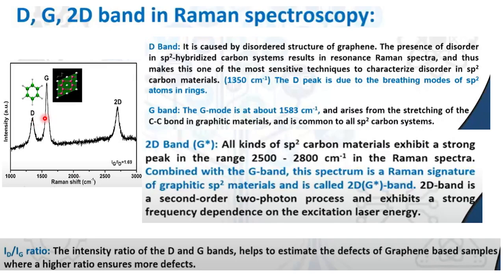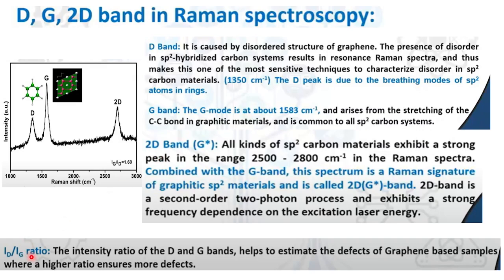Now except D band and G band, there is also another peak that is called 2D band, observed around 2800 centimeter inverse. Now why is this band coming at 2500 to 2800 centimeter inverse? That is combined with the G band. This spectrum is a Raman signature of graphitic sp2 hybridized material, and 2D band is a second order two photon process and exhibits a strong frequency dependence on the excitation laser energy.